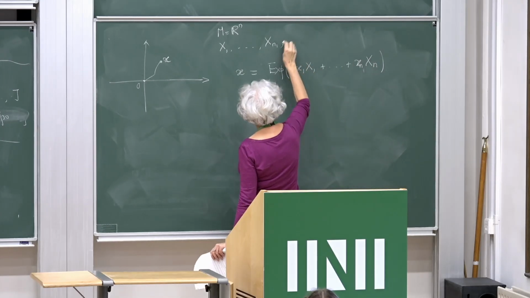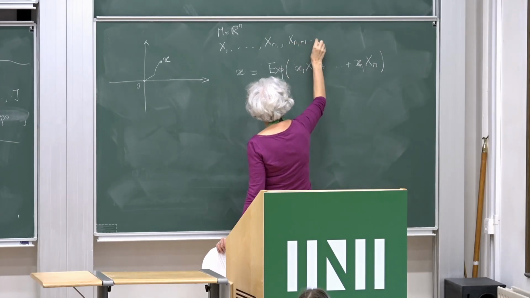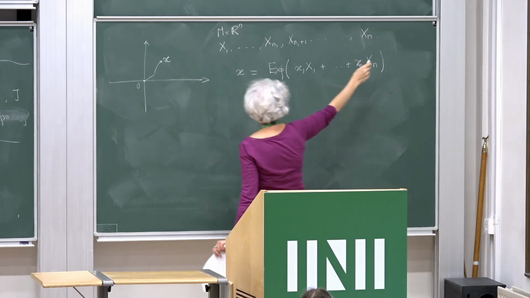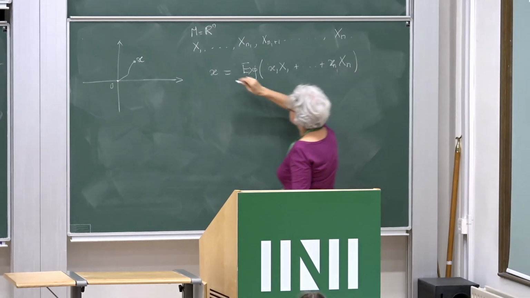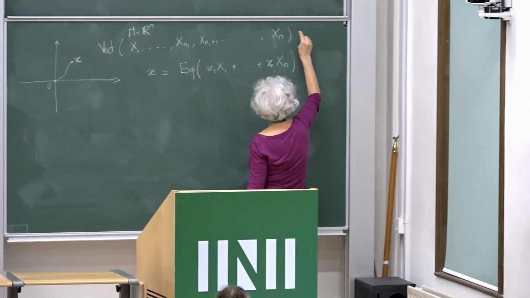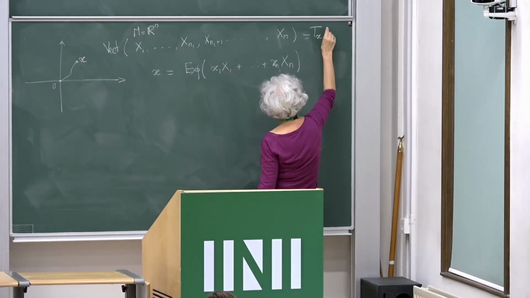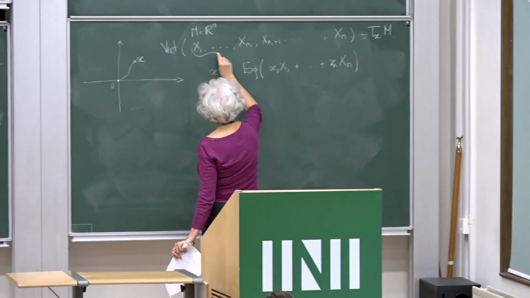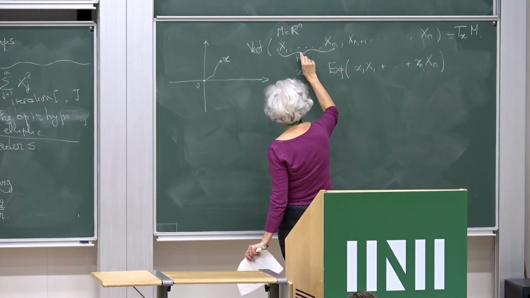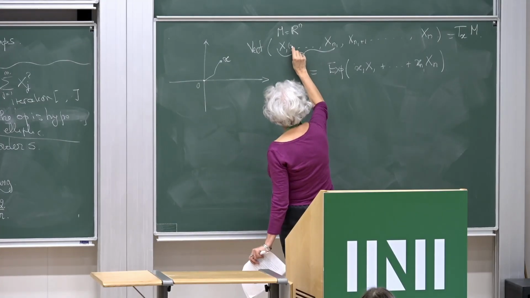So I'm going to take a basis generating my tangent space, and I assume that it's well organized so that the first vectors are in H1 above the point x.